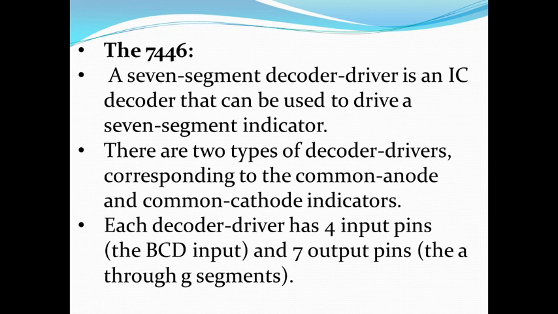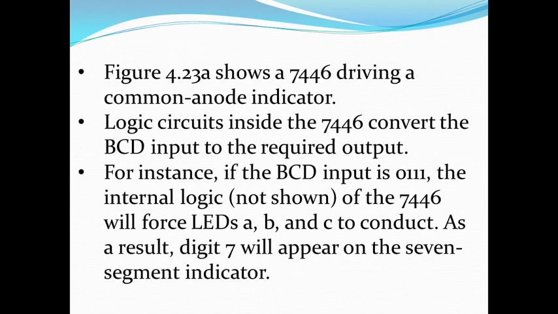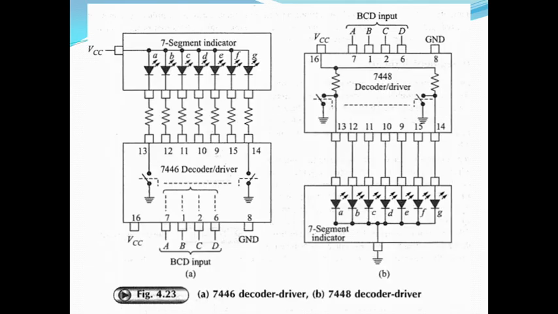There are two types of decoder drivers corresponding to the common anode and common cathode indicators. Each decoder driver has 4 input pins, that is BCD inputs, and 7 output pins, A to G. This IC is given a BCD input, and the outputs are connected to the 7-segment display unit, as you can see in the figure.